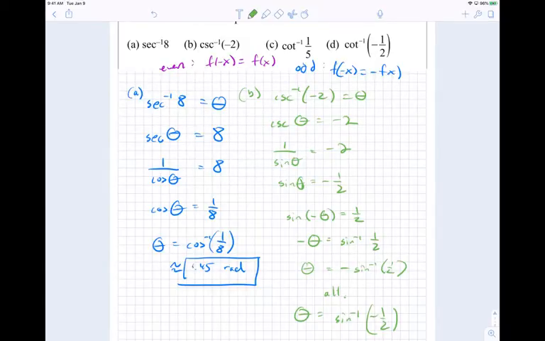So cotan is 1 over tan of some angle equals 1 by 5. Is that okay? So now if we flip both, tan of theta equals 1 by 5. If we want to solve for theta, solve for that angle, theta is going to be inverse tan of 1 by 5.